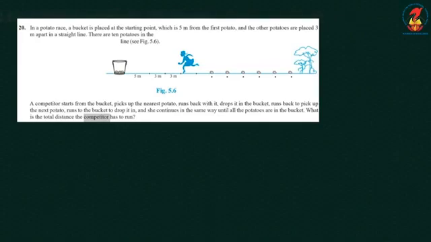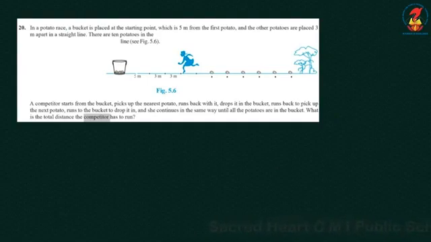So total 10 potatoes are there. A competitor starts from the bucket, picks up the nearest potato, runs back with it, drops it in the bucket, runs back to pick the next potato, then runs to the bucket to drop it, and she continues in the same way till all the potatoes are in the bucket. What is the total distance the competitor has to run?